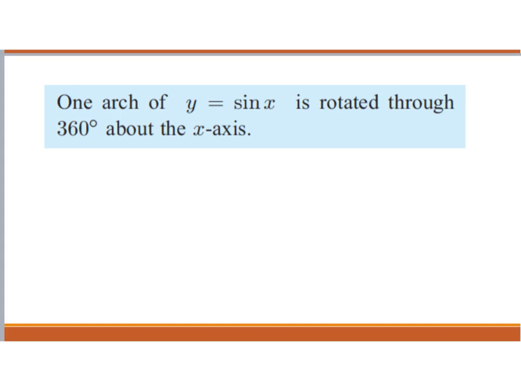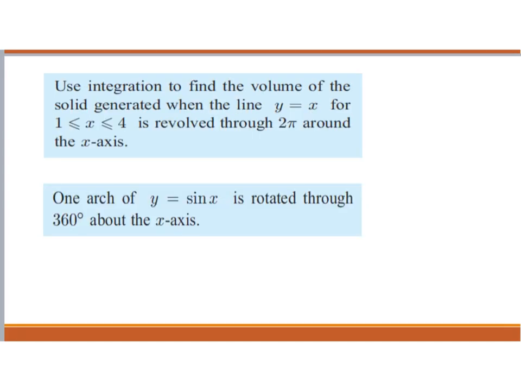Let's have another example: one arch of y equals sine x is rotated through 360 degrees about the x-axis. Now notice that in this problem we are not given the lower bound and the upper bound, unlike the first problem.